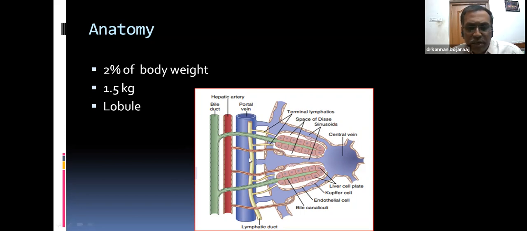And next one is the hepatic arterioles. That is the most important thing. That is in the interlobular septa. There is interlobular septa. See, it supplies the tissues in between, and ultimately enters into the sinusoids.